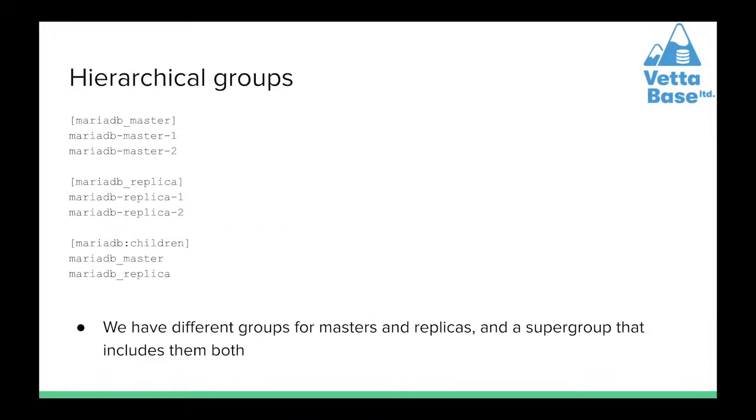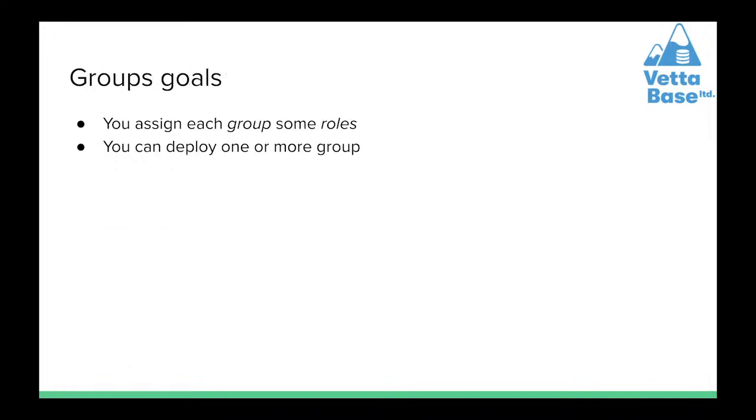Groups can be hierarchical, so you can see some groups here. You can see that we have MariaDB master, MariaDB replica, and then we have a supergroup called MariaDB. Okay, so we specify that the children of this group are MariaDB master and MariaDB replica. So what are the goals of a group?